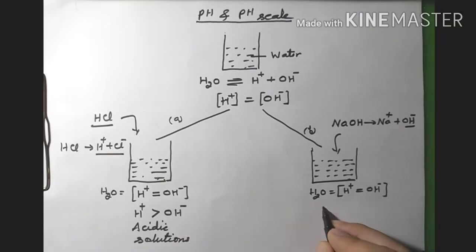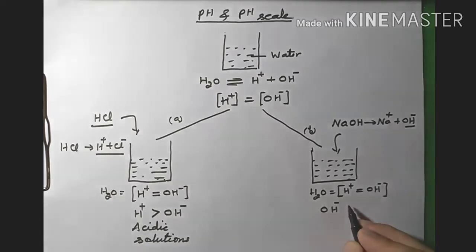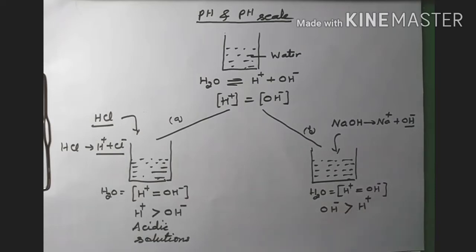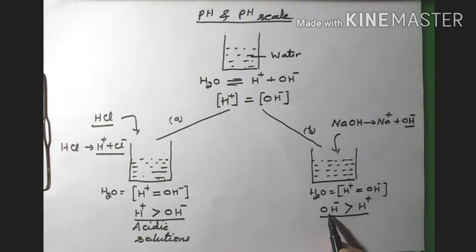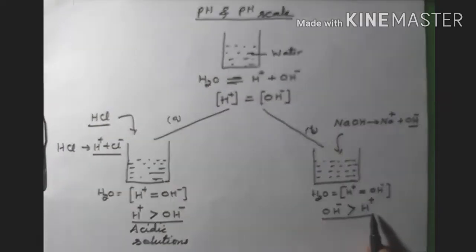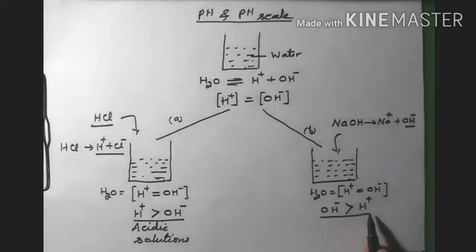Here the concentration of OH minus ion is dominating over the concentration of H plus ion, and those solutions in which the OH minus ion concentration is greater than H plus ion concentration are called basic solutions.